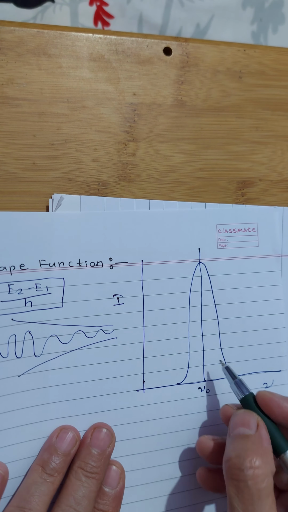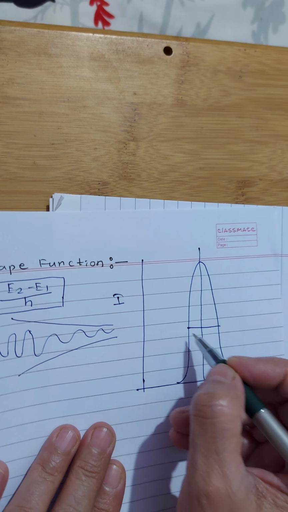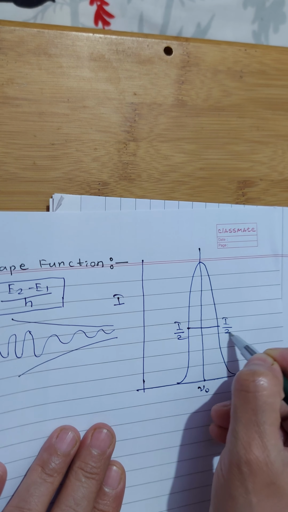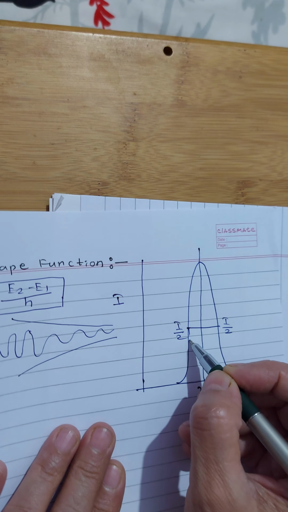At the center this is my I by 2, this is also I by 2, and we join this part over here. This will be my delta nu. So this is intensity versus nu, and this is nu 0.